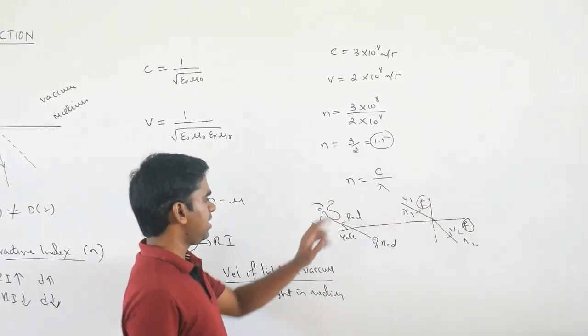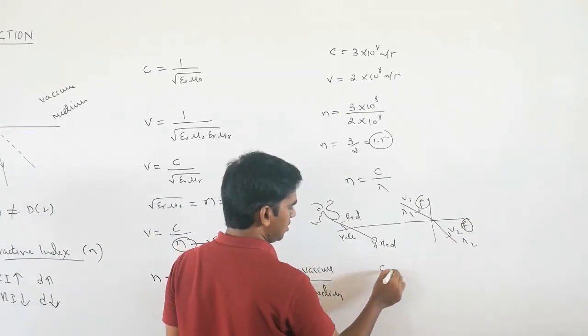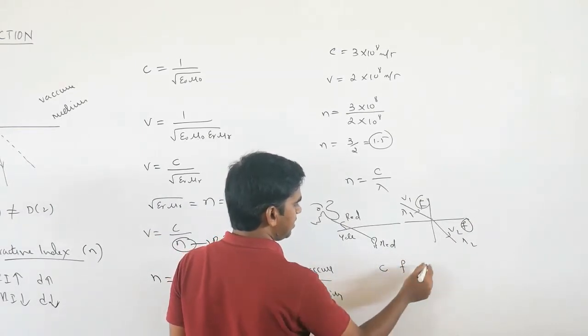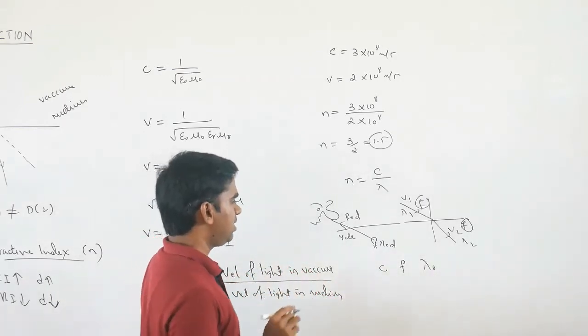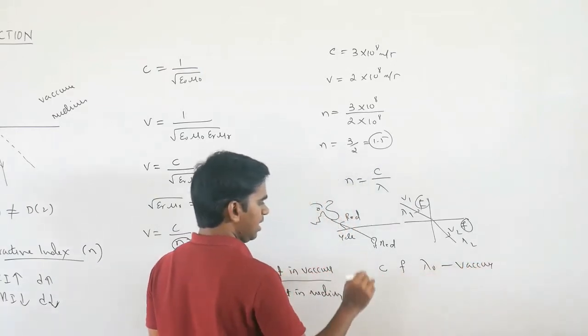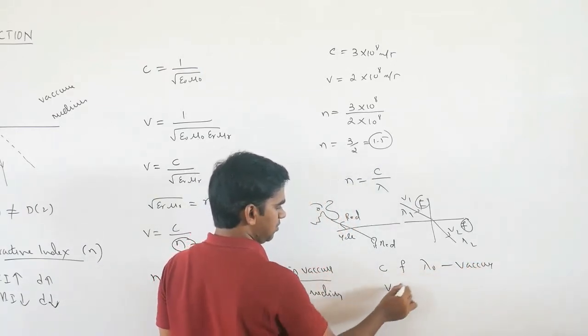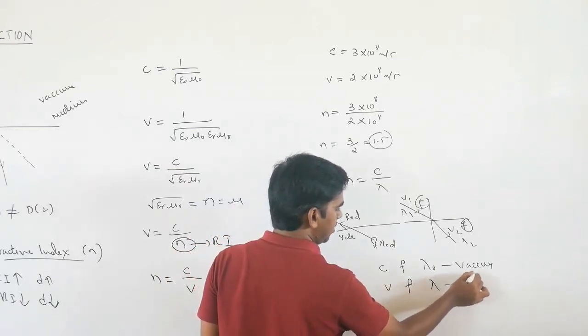So what can you write n as? In free space I will take c as the velocity, f as the frequency, and lambda naught as the wavelength in free space or vacuum. In the medium I will take the velocity as v, the frequency as f, and lambda as the wavelength in the medium.